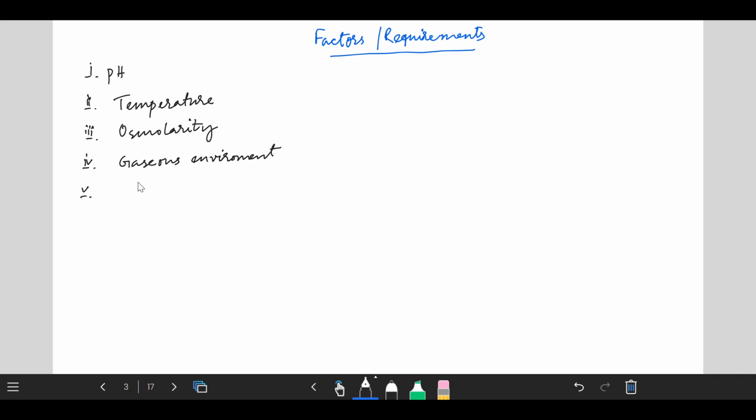Fifth one is sterile work area. Obviously, you are using animal cell culture technique, so the environment must be microorganism free, so we need to use a sterile work area. Sixth one is incubation facility.